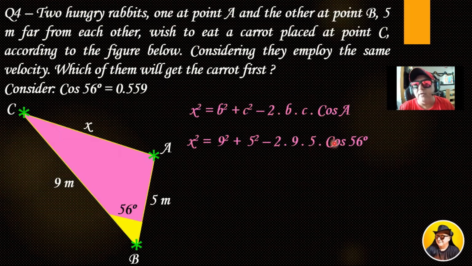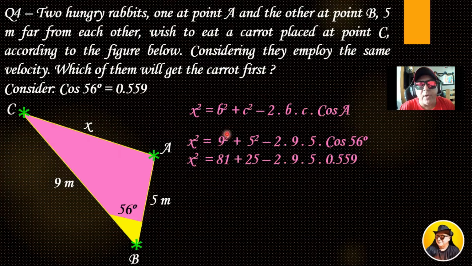And the cosine of 56 degrees is 0.559. So doing this, I have 9 squared is 81, 5 squared is 25, and the cosine of 56 is 0.559. All right, now I'm going to do this sum, and I'm going to do these multiplications.